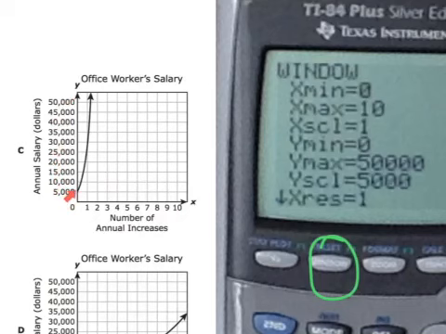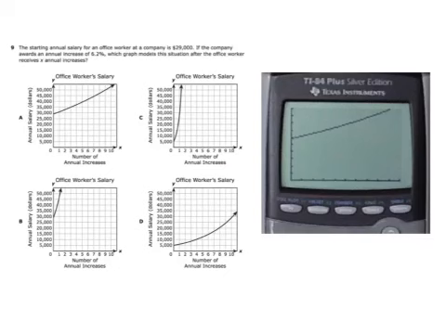And each box is worth 5,000. So 0 to 50,000, each box is worth 5,000. And now when I press the graph key, I get something on my graph. It's pretty easy to see here because this is the exact same scale as this, very easy to see that this is the graph that matches it.